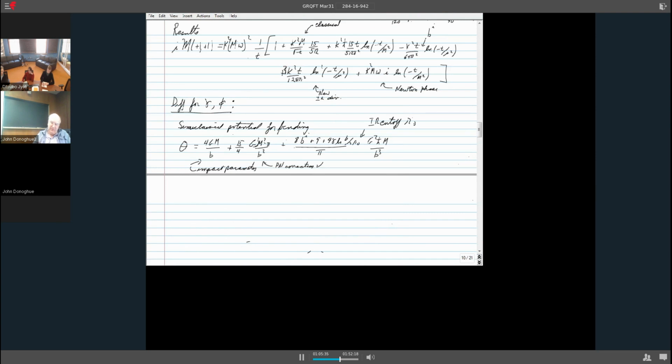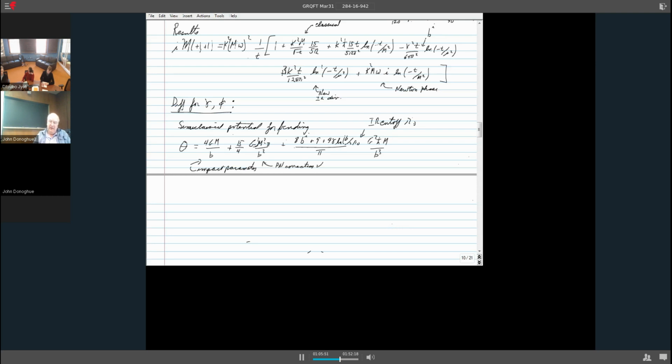Here's the post-Newtonian correction. And interesting, that comes out right. That's from this classical piece up here. The classical piece did the classical physics.